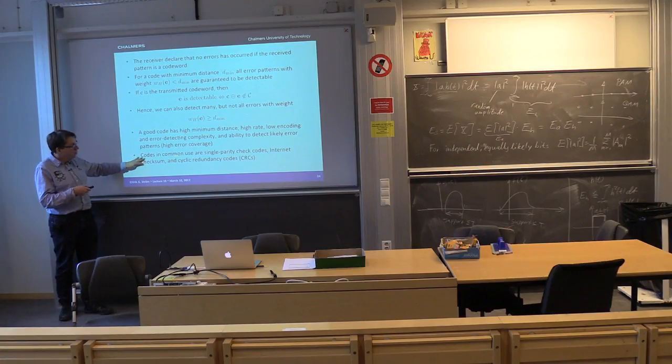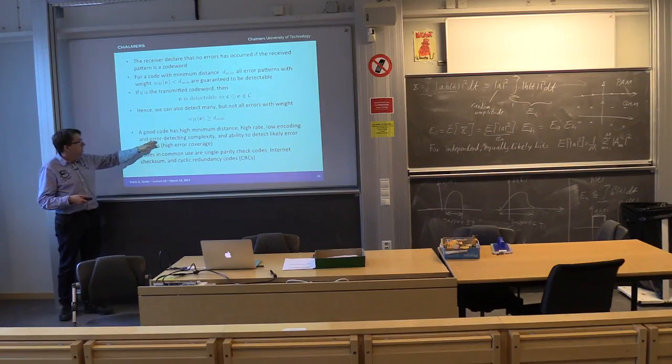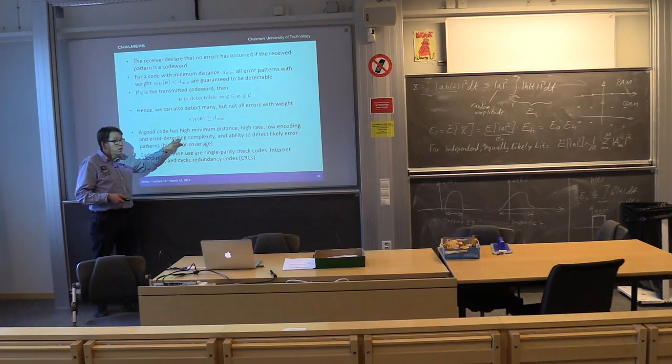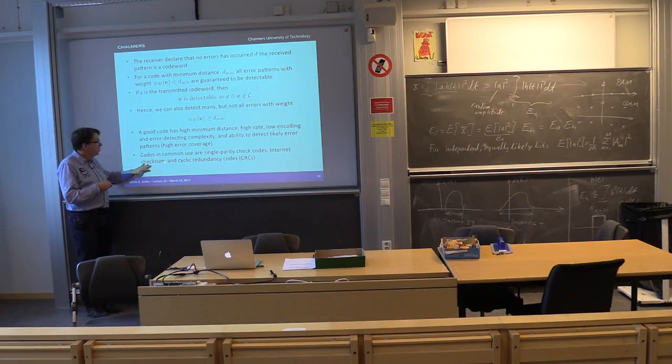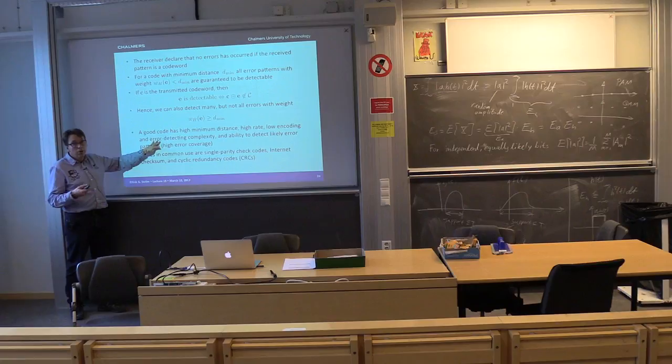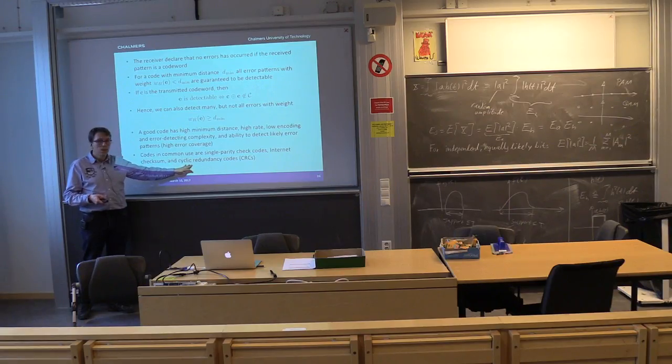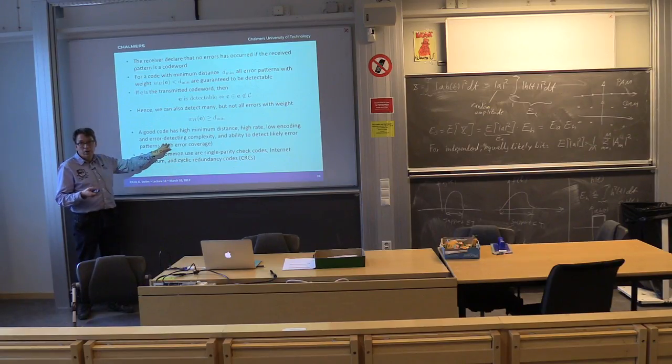Codes that are in common use are single parity check codes. They have very low complexity, but are not very good. We have the internet checksums, fairly low complexity, but not super good. Then we have the CRCs, relatively high complexity, but also very good.